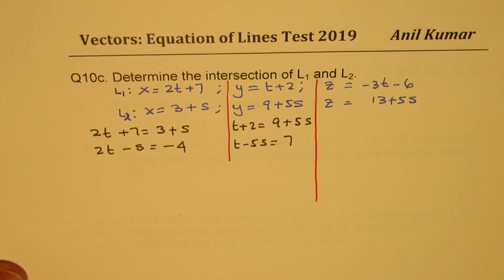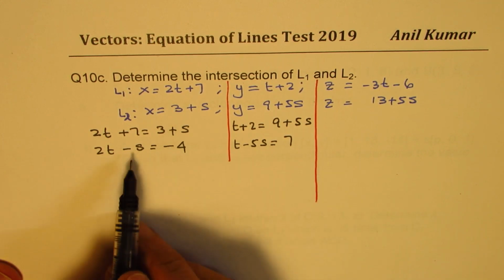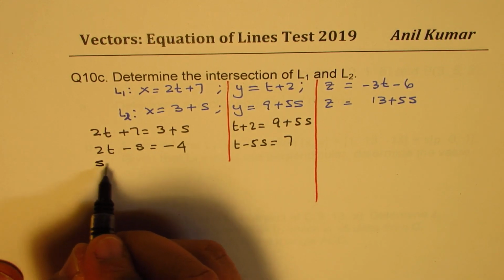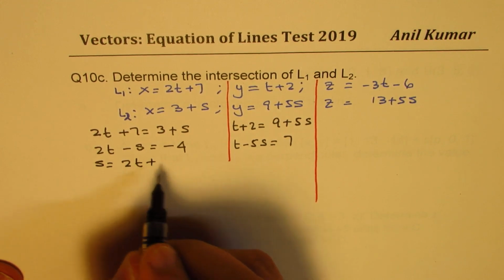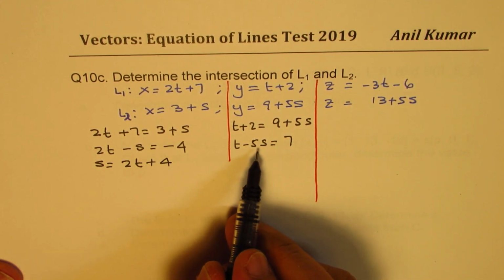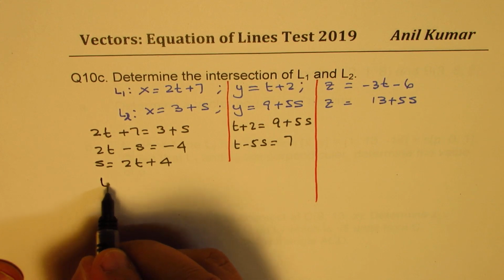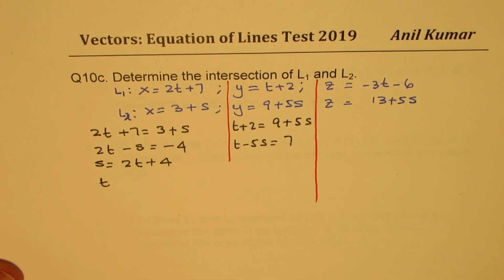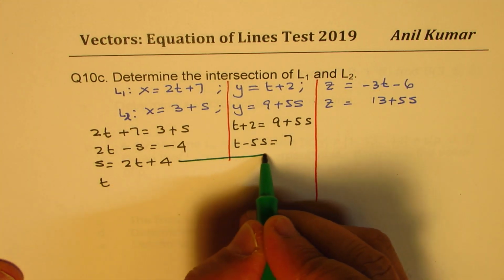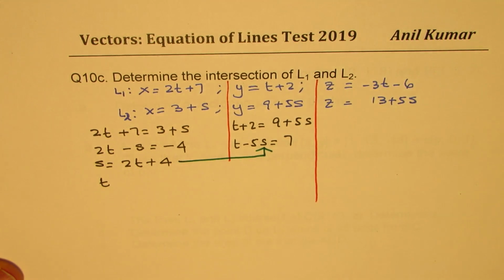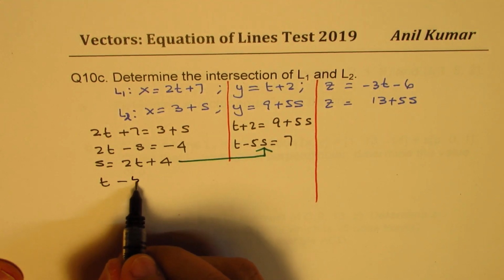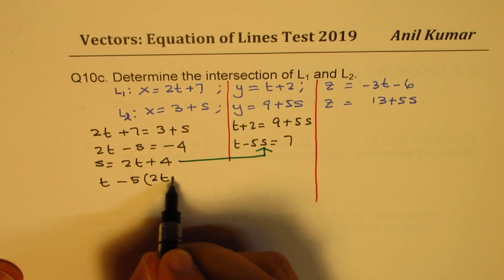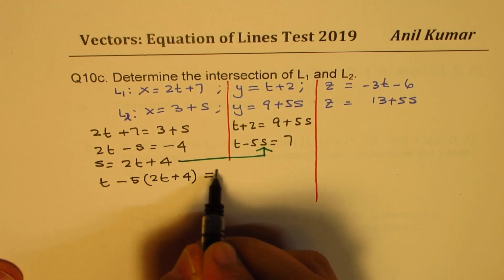These two equations can be solved. From here, s is equal to 2t plus 4. Substitute this s here. So we get t minus 5 times (2t plus 4) equals 7.